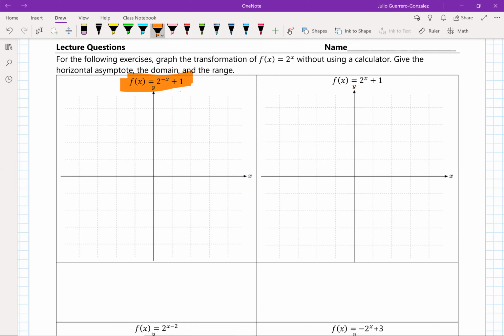So you remember when I made you do x plus 1 squared minus 2. That plus 1 did something specific and that minus 2 did something specific, right? Just like in this case, that negative does something specific and that plus 1 does something specific.